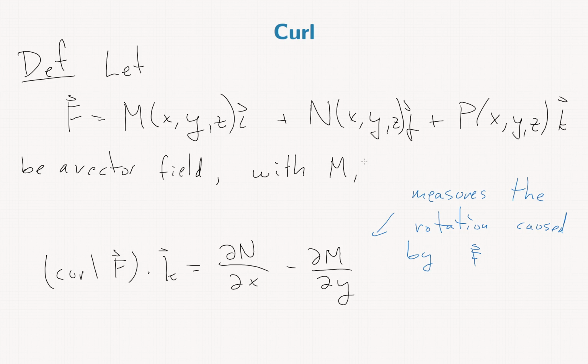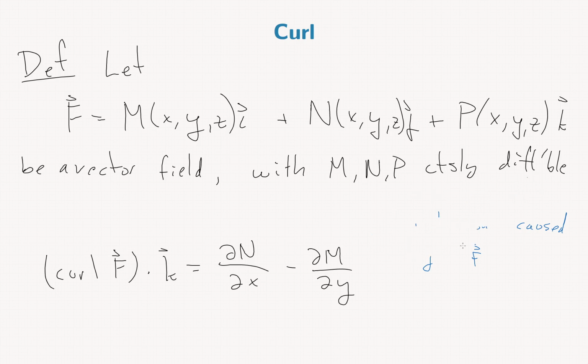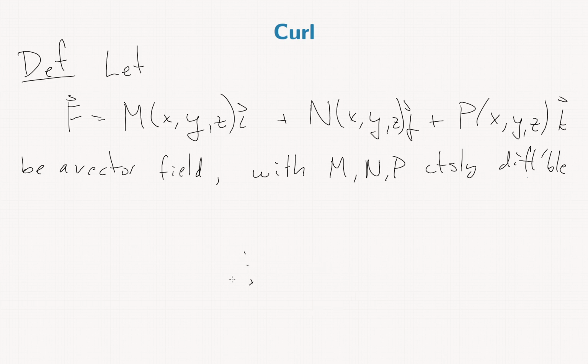So M, N, and P should be continuously differentiable. Then we define the curl of F. So this will be a new vector field.